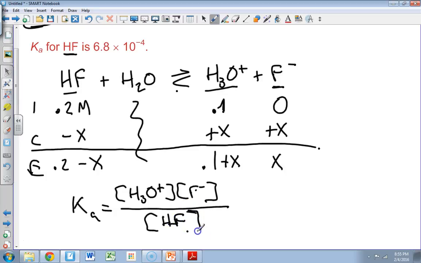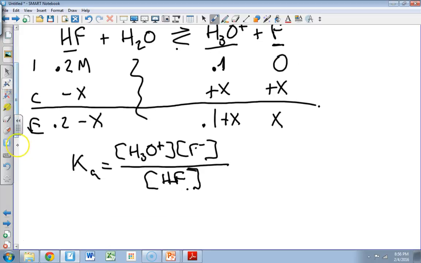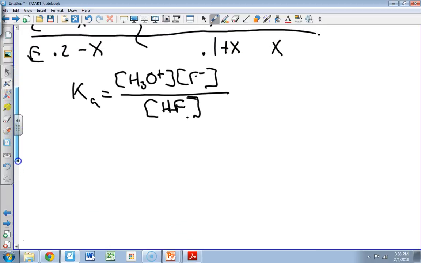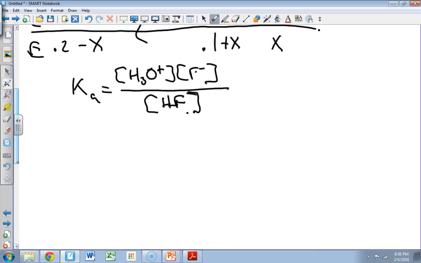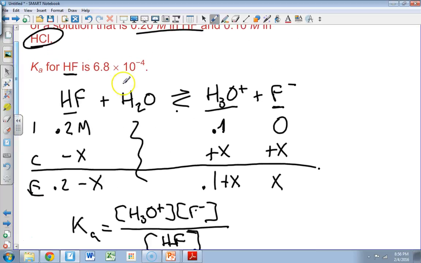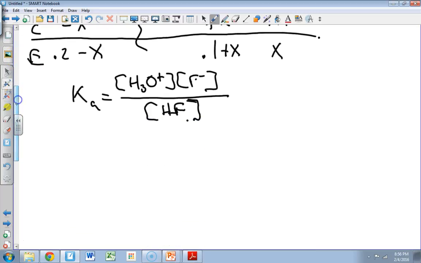Now, this is equilibrium concentrations, so we actually have to spend a little bit of time plugging this in using the x's. So, I moved this up too soon because, okay, so 6.8 times 10 to the minus 4. So the Ka is 6.8 times 10 to the minus 4.